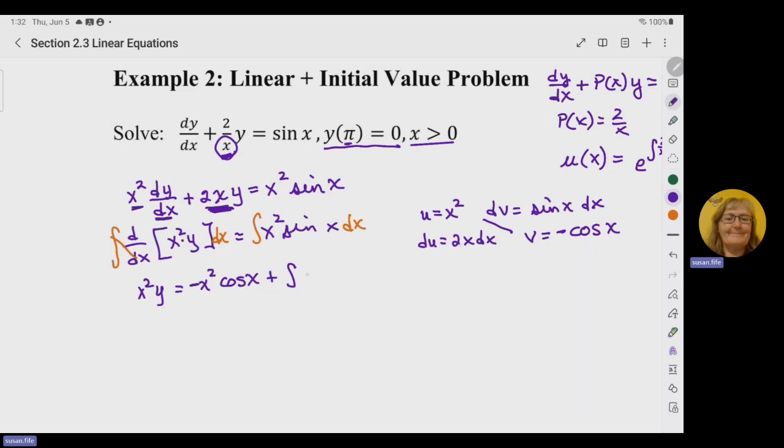I'm going to have 2x cosine x dx. And I need to integrate by parts again. This time, my u is going to be 2x, and du is going to be 2 dx. dv is cosine x dx, and then v is going to be sine x.